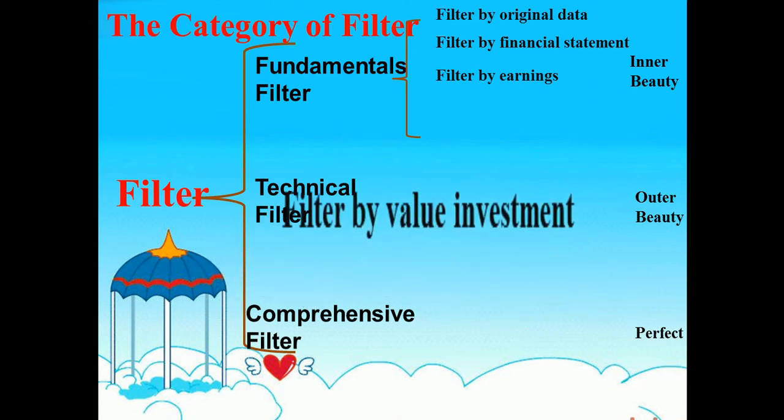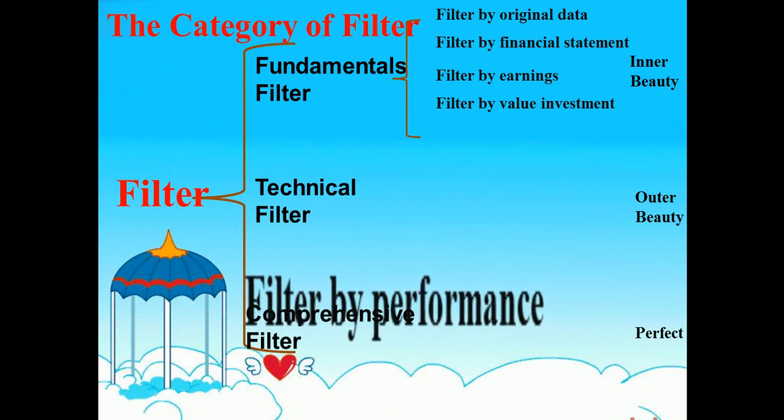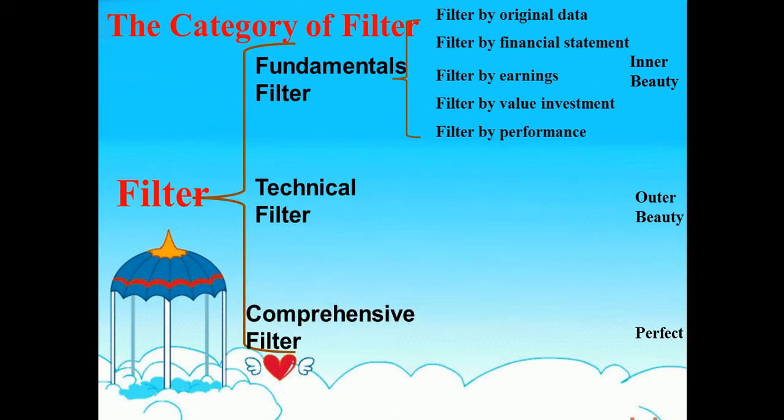The next one, value investment and the performance. So if you want to use the fundamental filter, these factors you should follow: the original data, financial statement, earnings, value investment, performance.